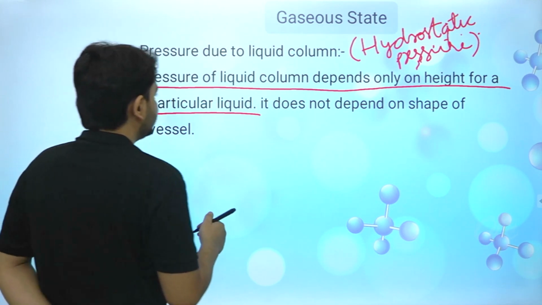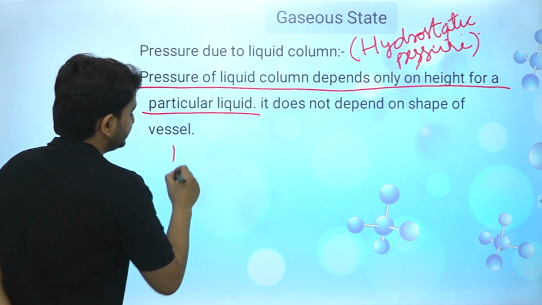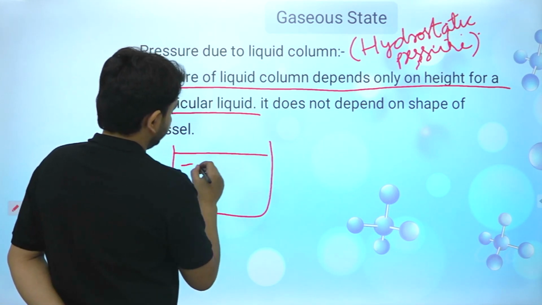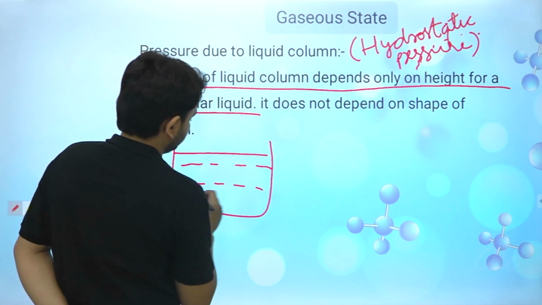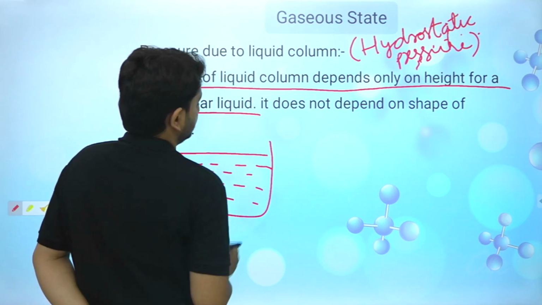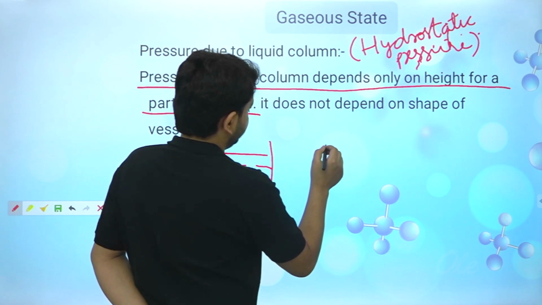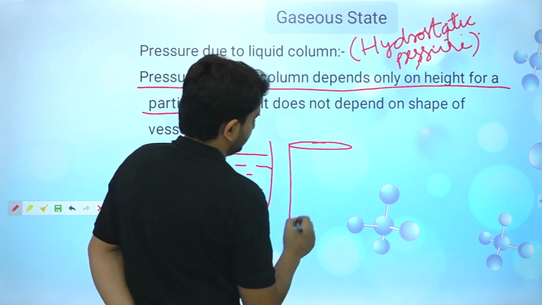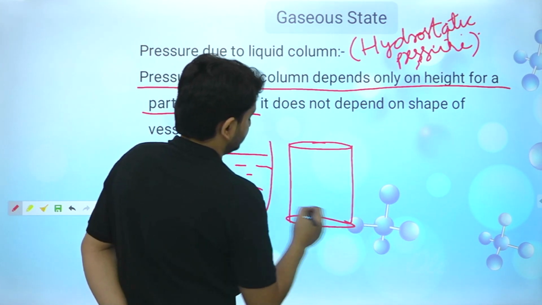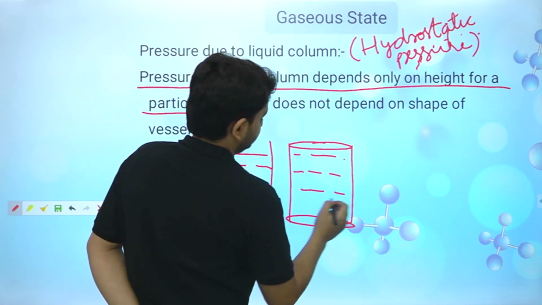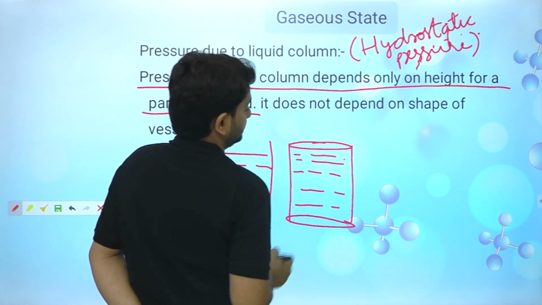So for example, let's say there is a container like this. And then there is a container like this, different shapes again, filled with something.